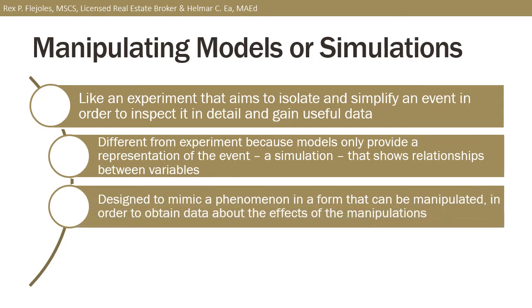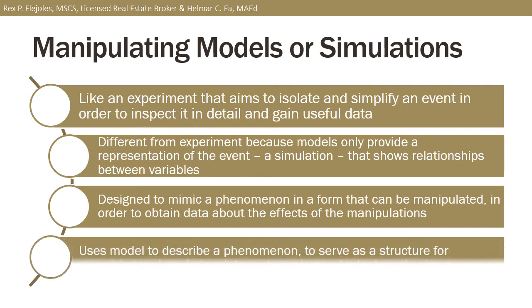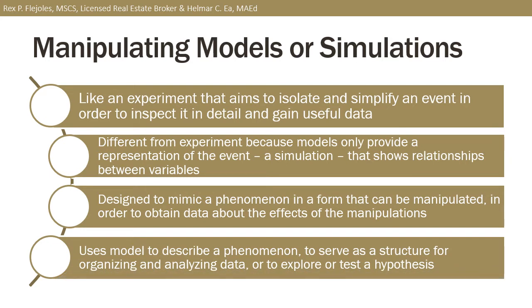It is designed to mimic a phenomenon in a form that can be manipulated in order to obtain data about the effects of the manipulations. It uses models to describe a phenomenon, to serve as a structure for organizing and analyzing data, or to explore or test a hypothesis.